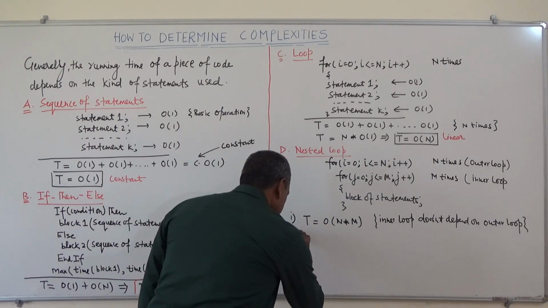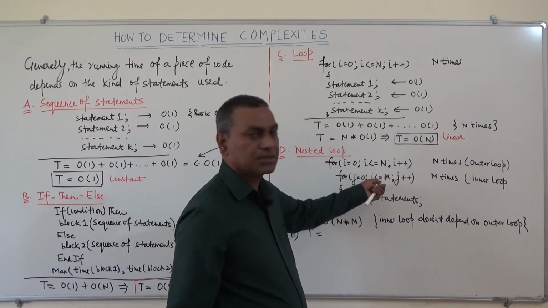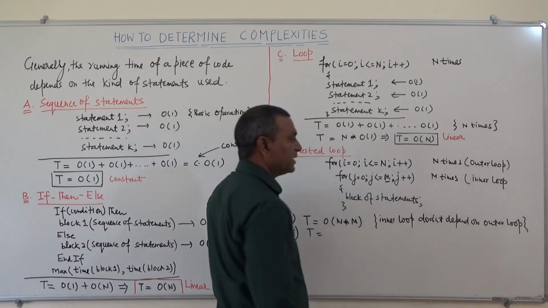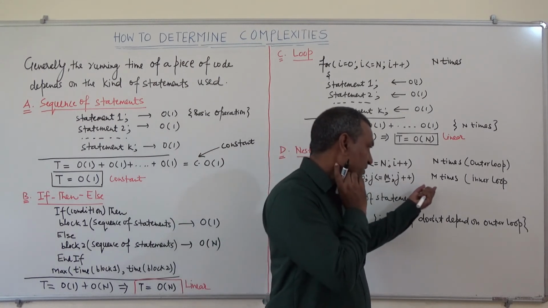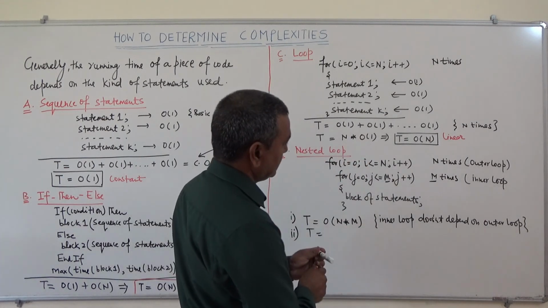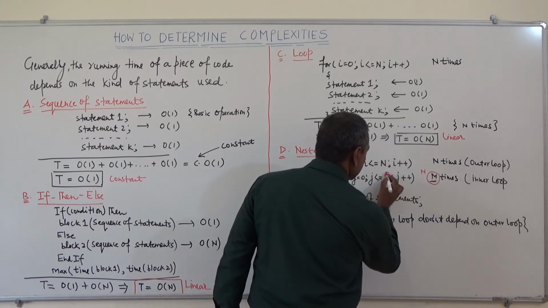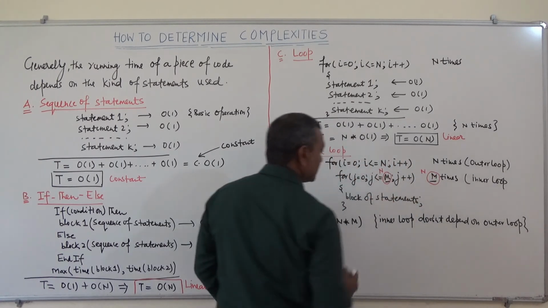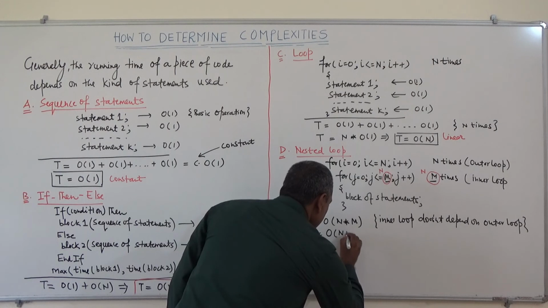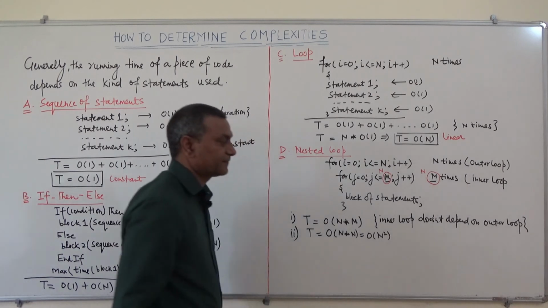Now the second case is if this loop depends on the outer loop. So in this case this will run n times and this loop will also run n times. So in this case the complexity can be given as order of n into n or order of n square.